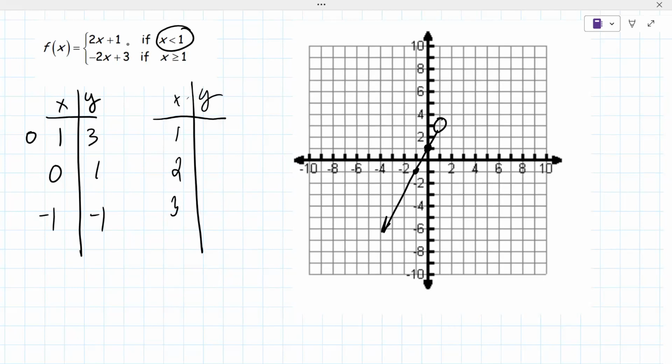All right. Did you want me to put the x values in?